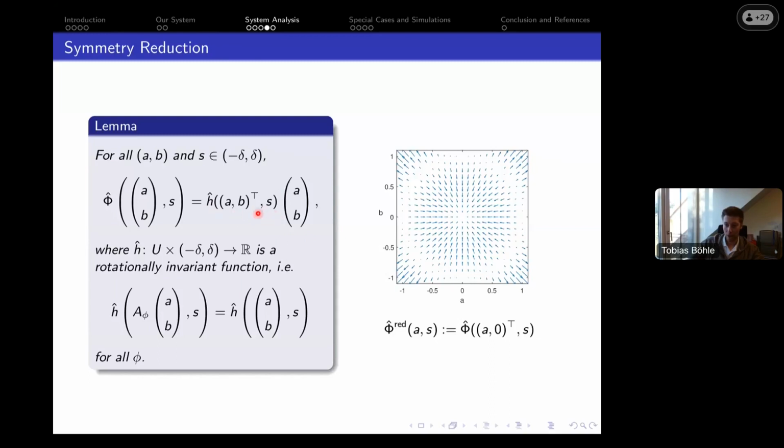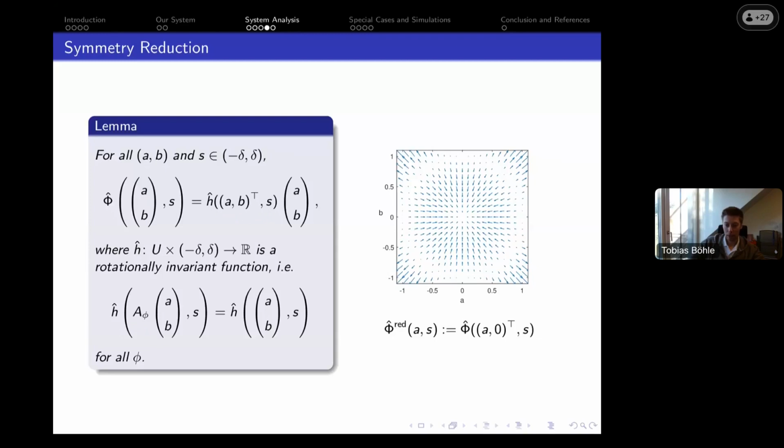This factor is here given by a function h hat, and h hat is a function which is invariant under rotations. So that means here A phi is the rotational matrix that takes a vector and rotates it by an angle phi.